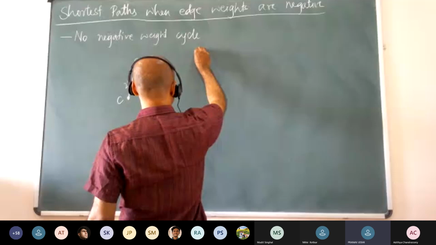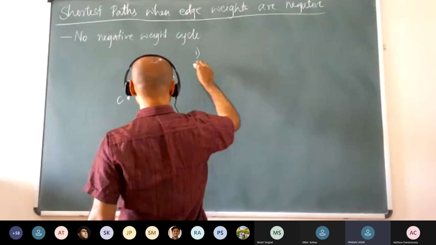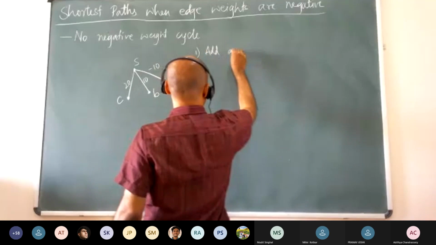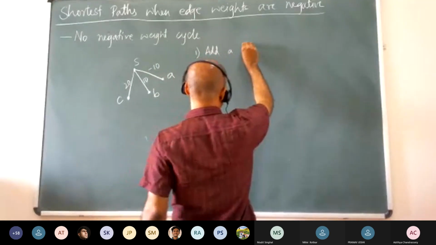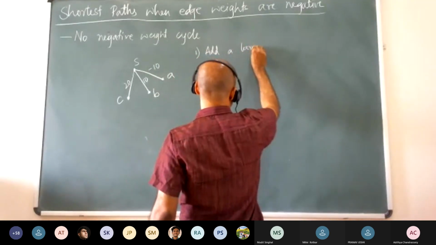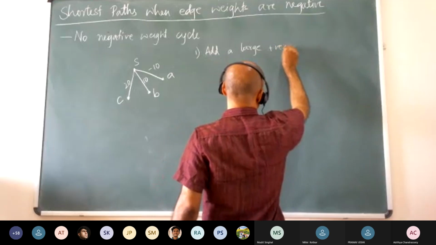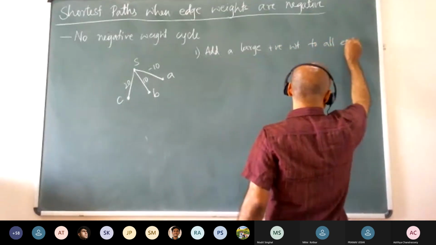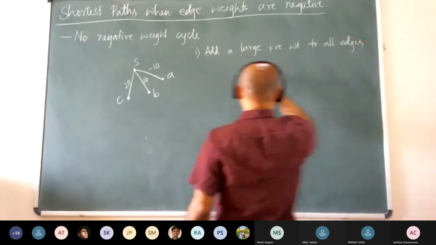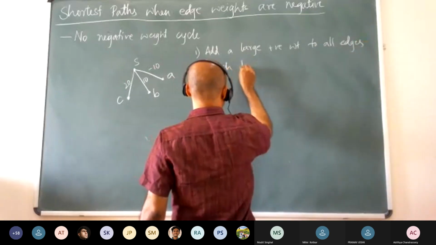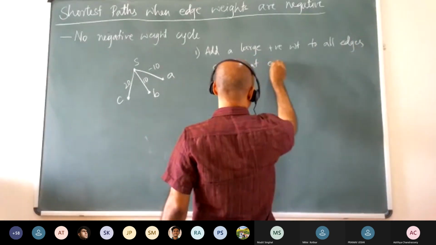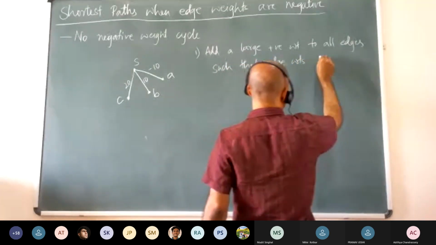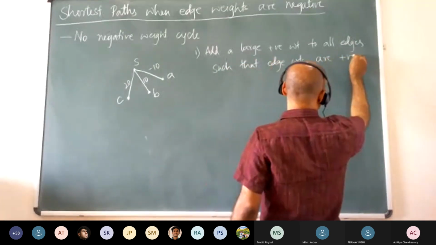One minute, so that we go one at a time. So one of the ideas is to add a sort of large positive weight to all edges such that edge weights are positive.